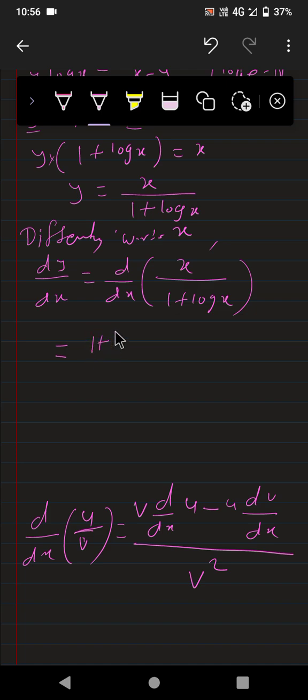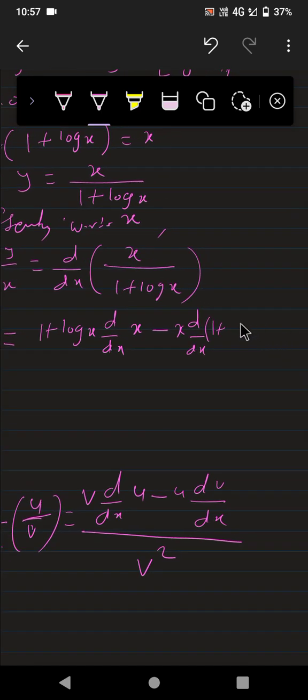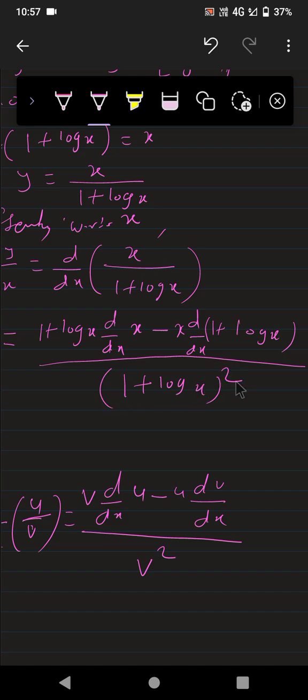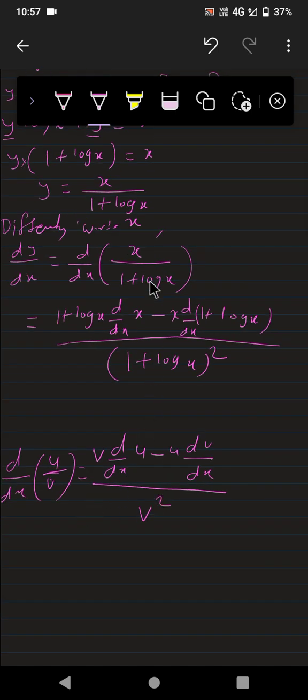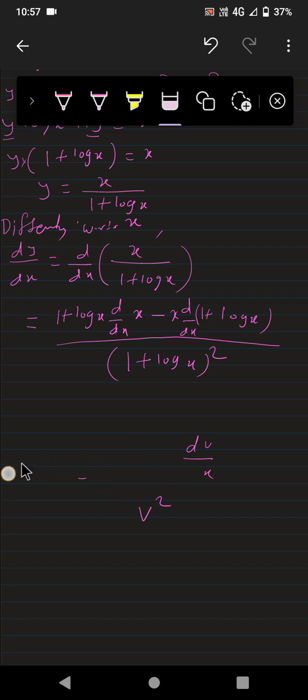So (1 plus log x) as it is, derivative of numerator u, that is x, minus u as it is, that means x as it is, derivative of v, v means 1 plus log x, upon v square, which means (1 plus log x) whole square. So how to find out this derivative? We will see here.